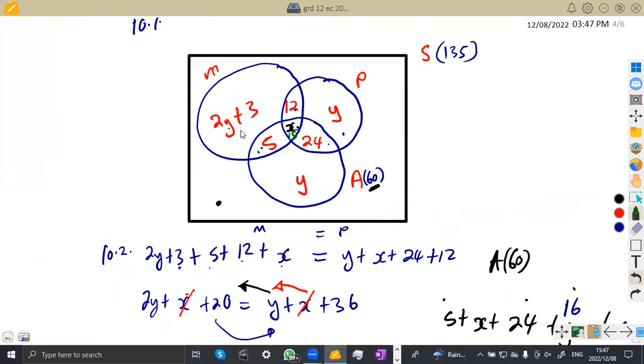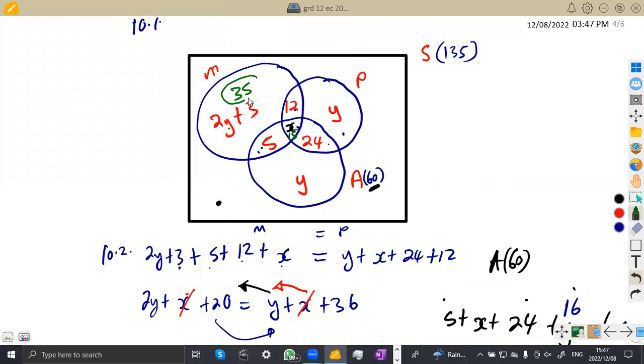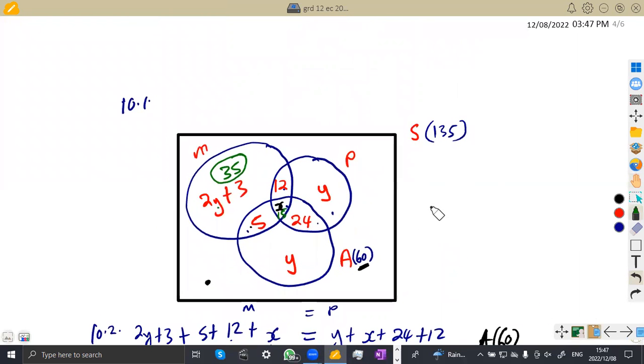So this will be 2 times 16 plus 3. This is 2y plus 3. Let's simplify: 2 times 16 is 32, plus 3, which is 35. So here we have a 35. So set M is equal to 35 plus 12 plus 15 for x, plus the 5.